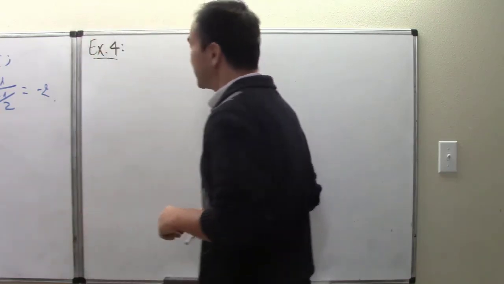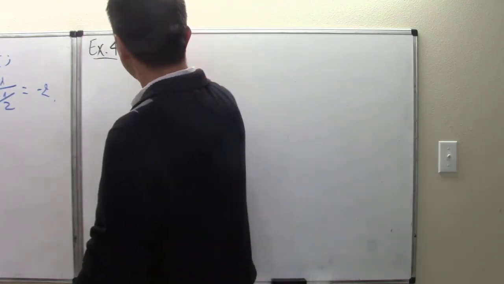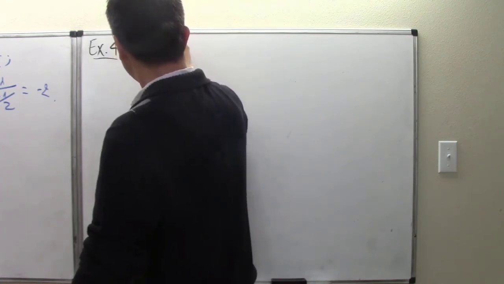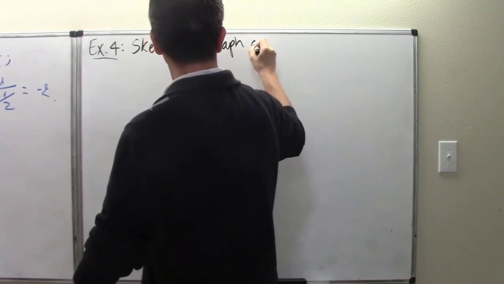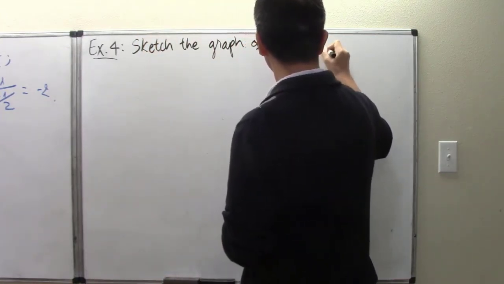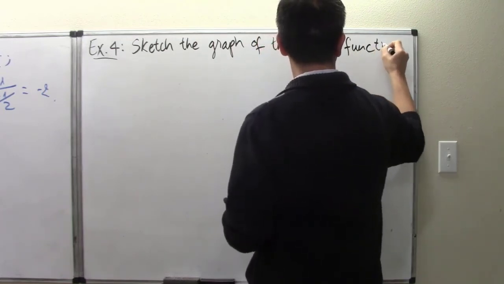All right. So in example 4, here's the worded instruction of example 4. We want to sketch the graph of the given function. All right.